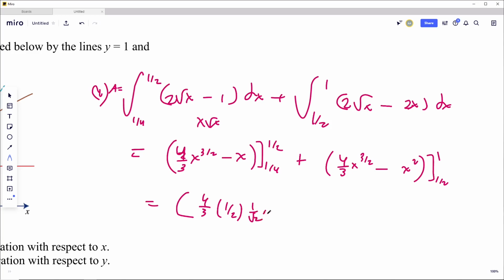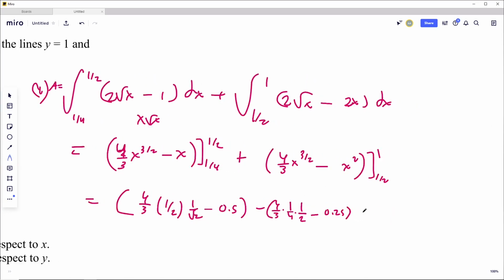You can type it like that in the calculator, minus 0.5 if it's easier for you, minus 4 over 3, 1 over 4 outside, because we said x, and the square root of 4, which is 2, minus 0.25 if you don't do it that way. Same thing as 1 over 4.